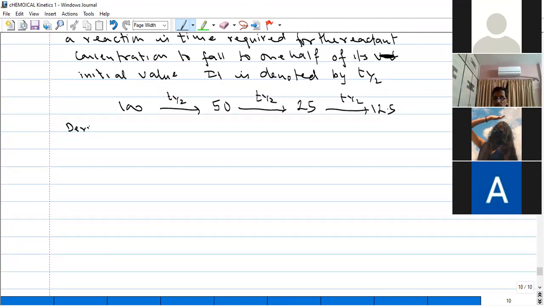Derivation for expression for half-life period.